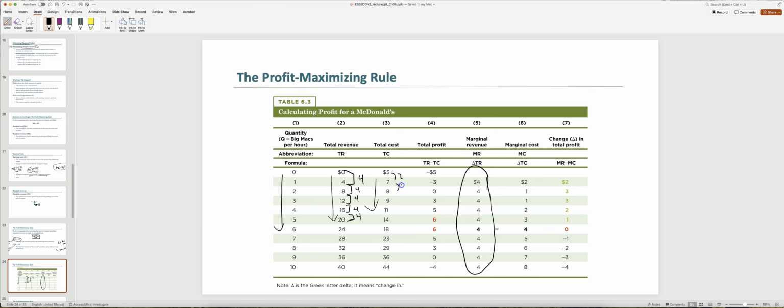Changing by 2, changing by 1, changing by 1, changing by 2, changing by 3, changing by 4, changing by 5, changing by 6, changing by 7, changing by 8. That's what appears right here. And so look what we do. We find the point where the marginal revenue is equal to the marginal cost.